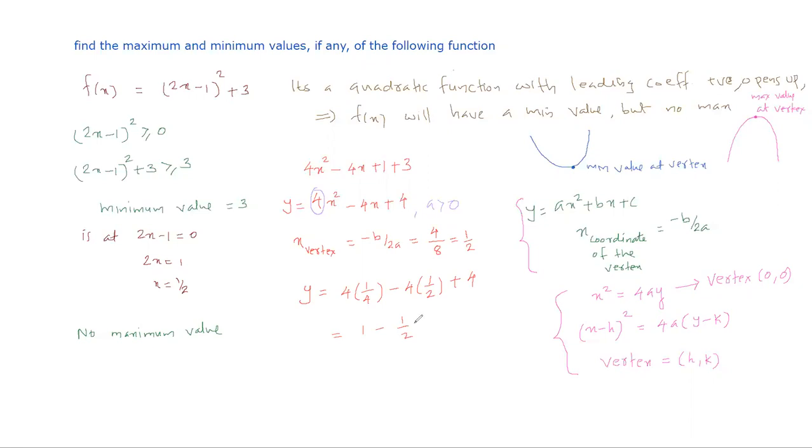Now you need its y value, so substitute in this: 4 into (1 by 2) square, 1 by 4, minus 4 into 1 by 2, plus 4. So that is 4 by 4 minus 4 by 2 plus 4, which is equal to 1 plus 4 is 5, 5 minus 2 is 3. So you can see that the minimum value is 3. You can say it this way too. You can do it in different ways.